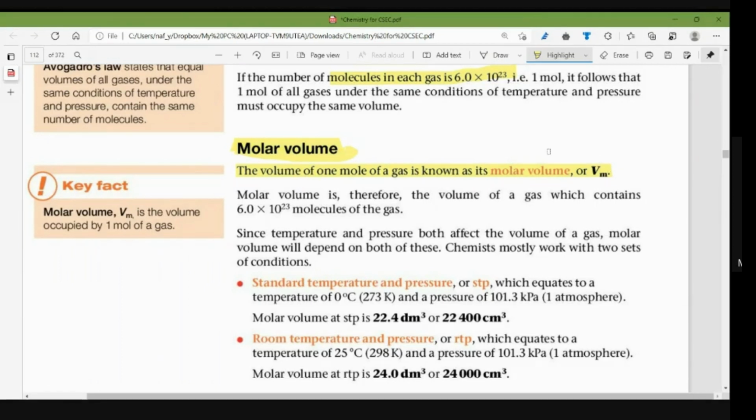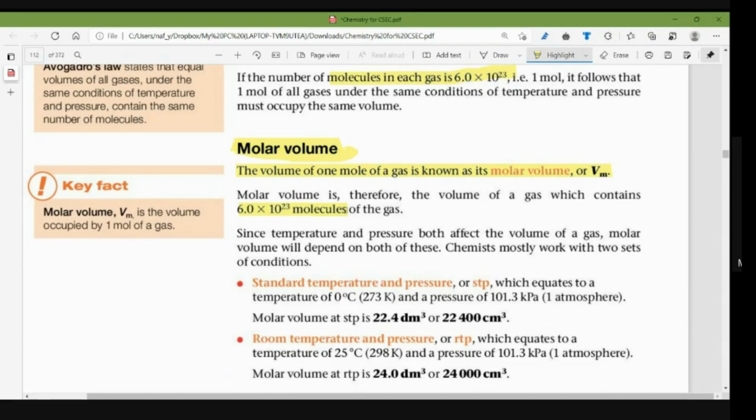One mole of any gas will contain 6 times 10 to the 23rd molecules, so 1 mole of any gas will have exactly 6 times 10 to the 23rd molecules of that gas.